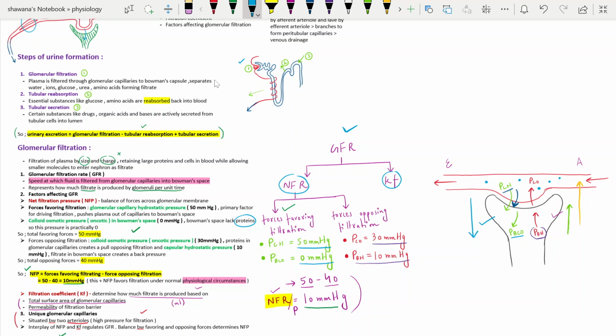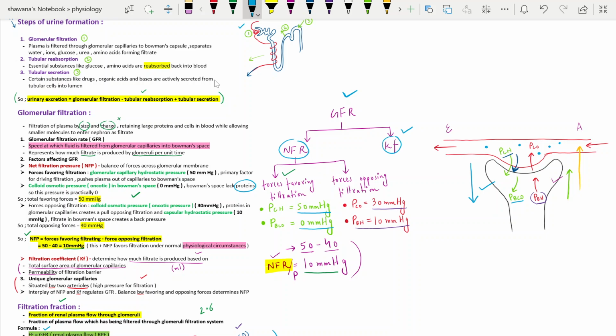Net filtration pressure we obtained by summing up the forces favoring the filtration, which is 50, and opposing the filtration, which is 10. So which is 40. We obtain a number which is 10 millimeter of mercury, and it is the net filtration pressure, filtered per mmHg in 1 minute of the renal substance.